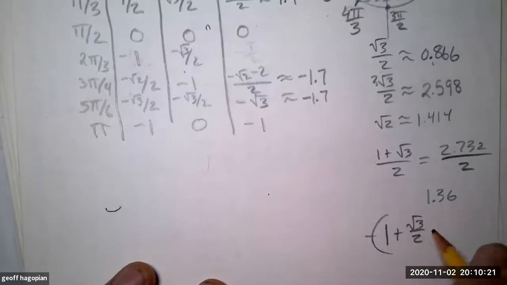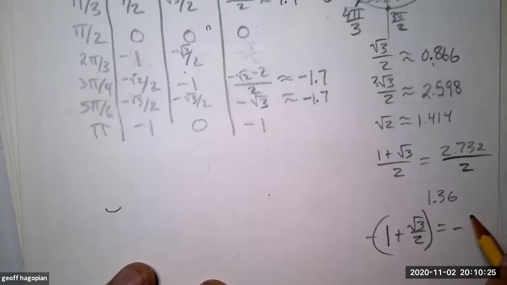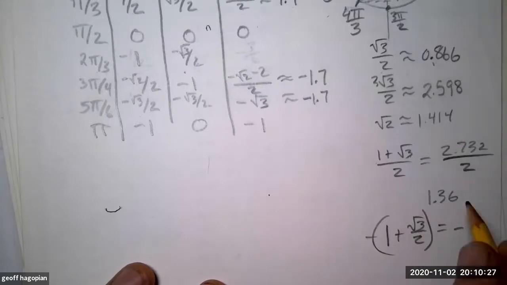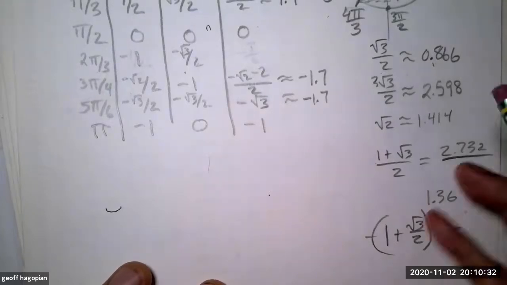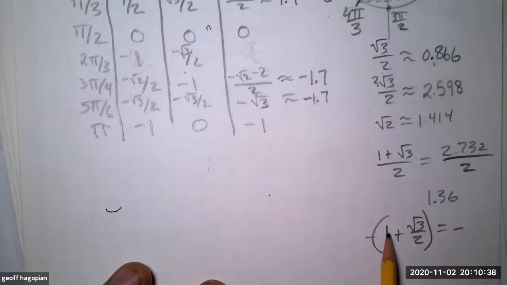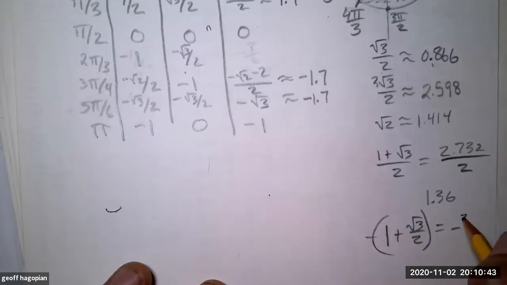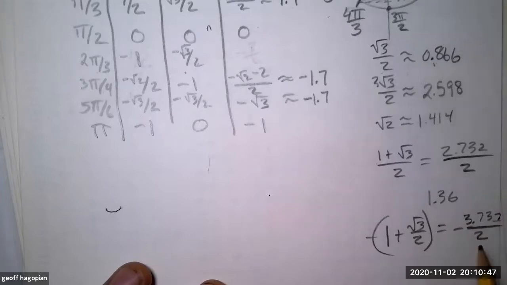So what I want to compute, I mean, that's correct, but 1 plus square root of 3 over 2, or the negation of that, is going to be negative 1.866 over... 2 plus square root of 3 is going to be 3.732 over 2, which is approximately negative 1.86, right?